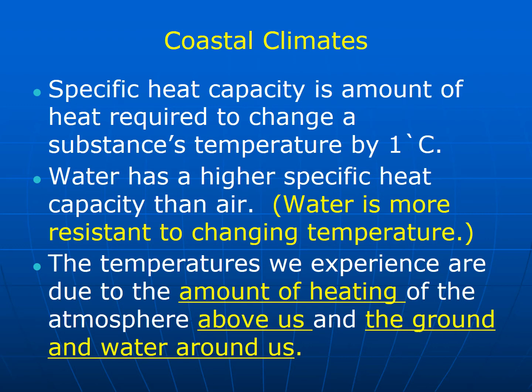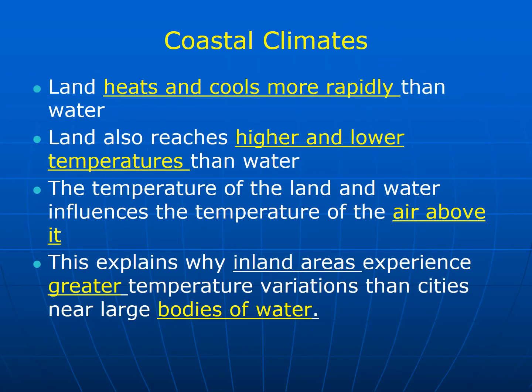It takes a while for it to get cold, and it takes a little while for it to warm up. The temperatures we are experiencing are due to the amount of heating of the atmosphere above us and the ground and water around us. So we talked about it before, but land heats and cools more rapidly than water.